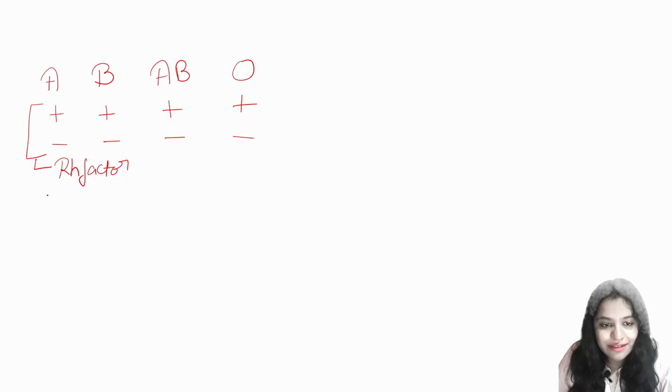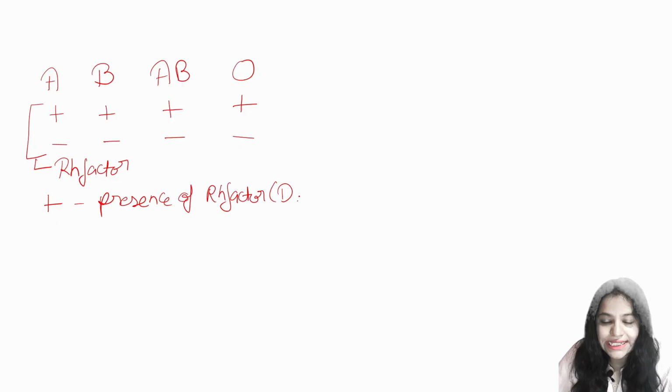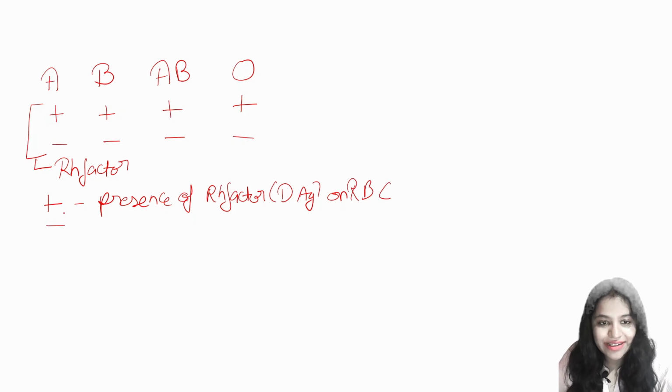Okay, that means if it's positive, there is presence of this RH factor, which is also known as the D antigen, on your RBC. If it's negative, that means there is absence of the same, right?